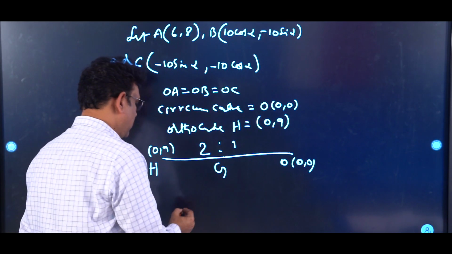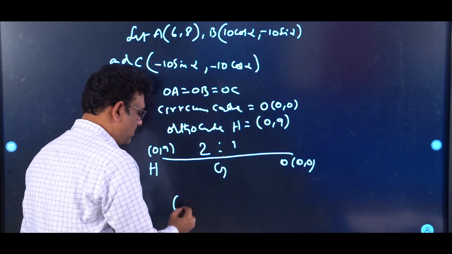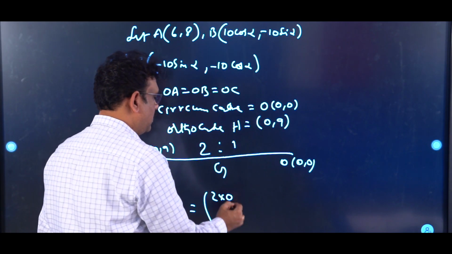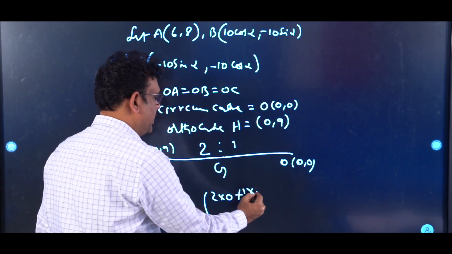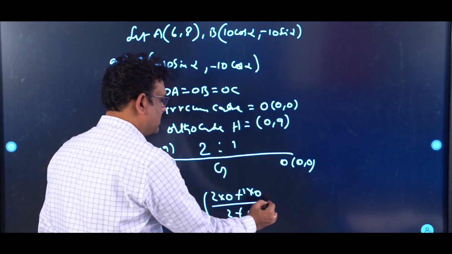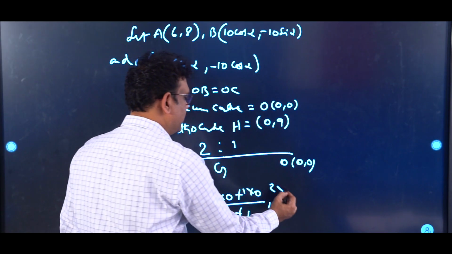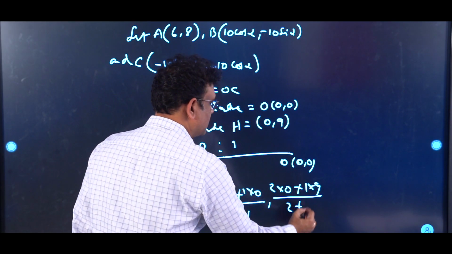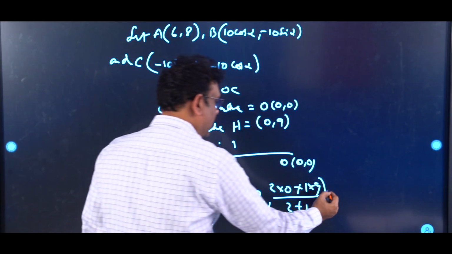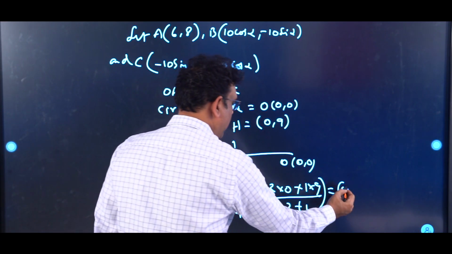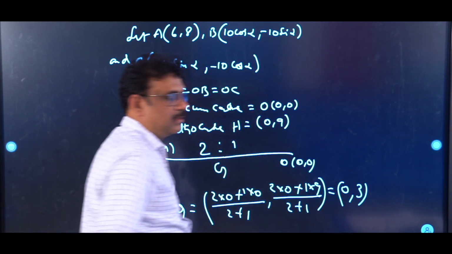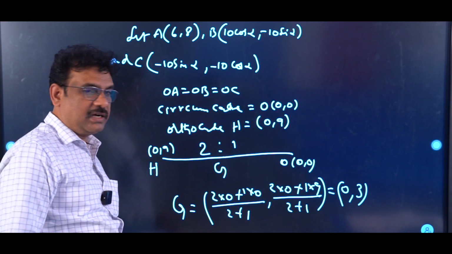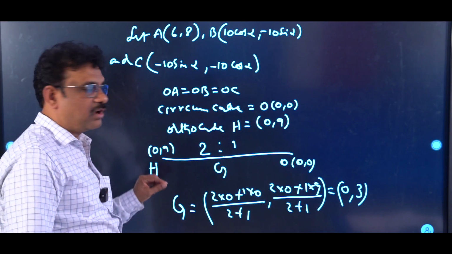So that coordinates of centroid equal to (2 into 0 plus 1 into 0 by 2 plus 1, 2 into 0 plus 1 into 9 by 2 plus 1). So that is equal here (0, 9 by 3). That is equal (0, 3). This is the centroid of the triangle (0, 3).